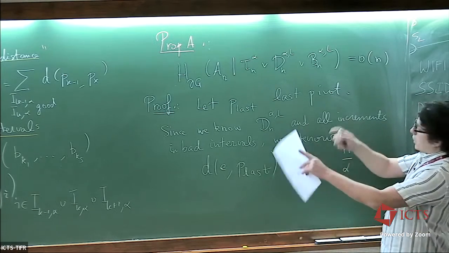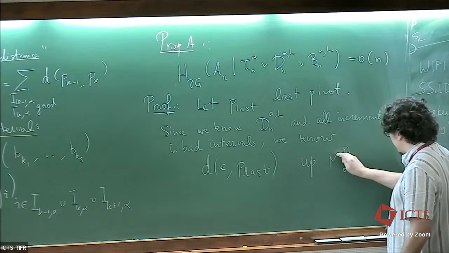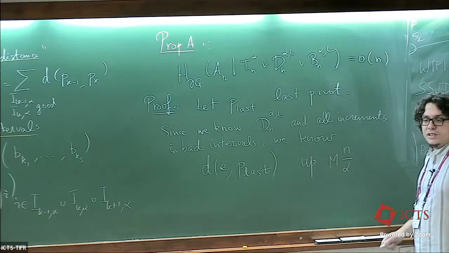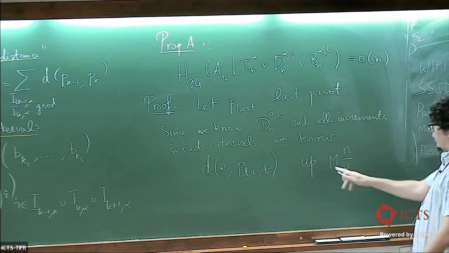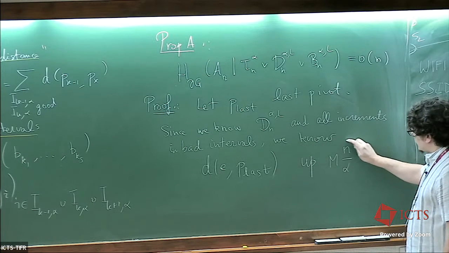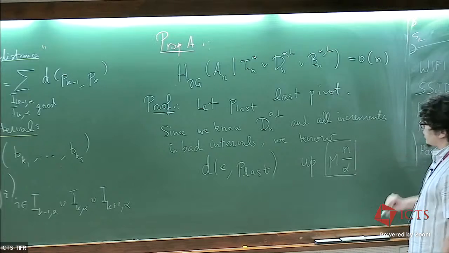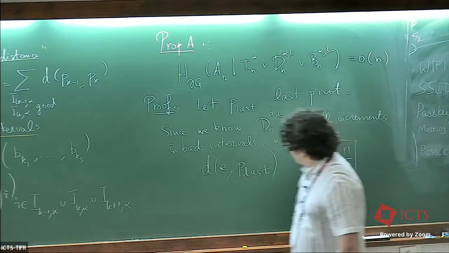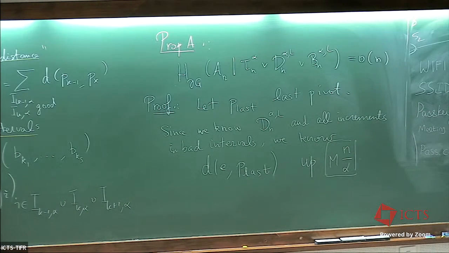And then there's a constant, which may be something like m, some constant that depends on the hyperbolicity to tell you how far you are each time. Okay? And so how many possible locations are there for the last pivot? Well, again, we know this distance up to plus or minus m n over alpha. So there are m n over alpha of those.